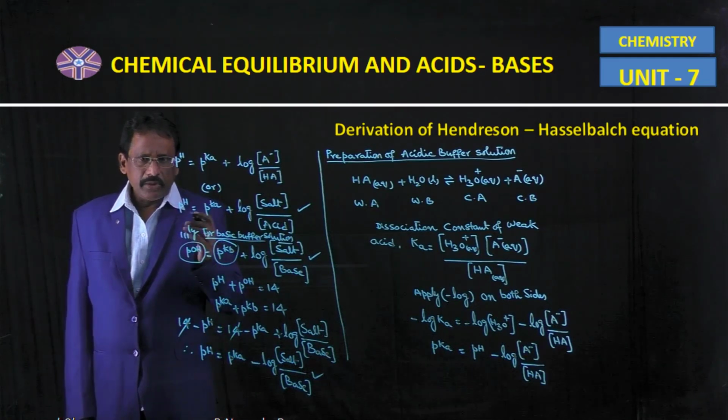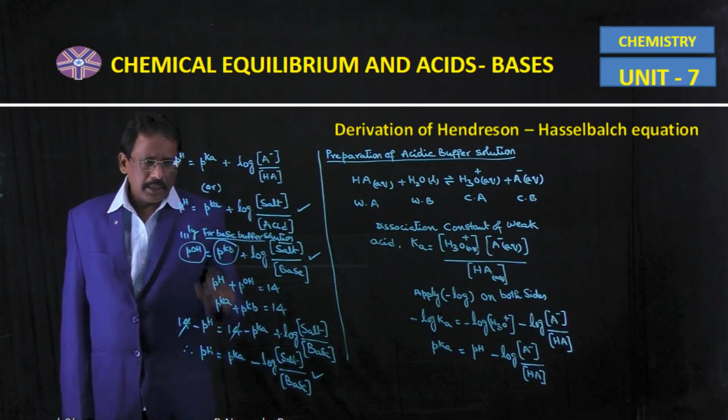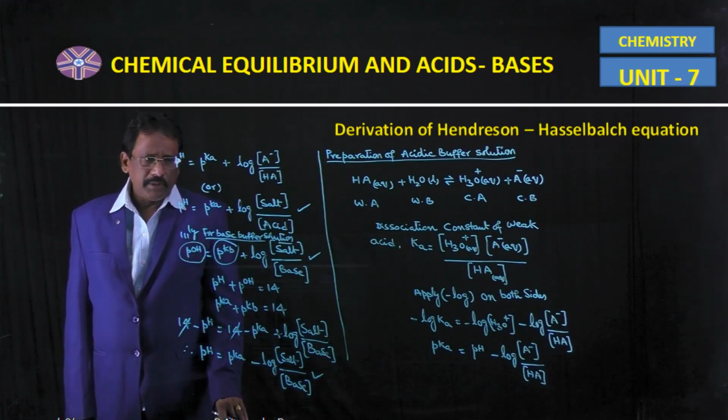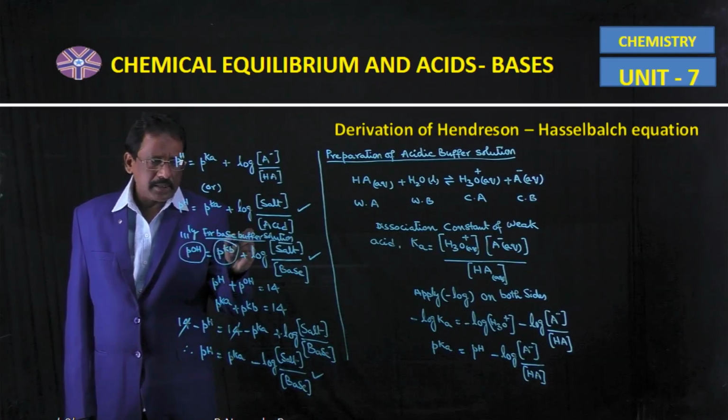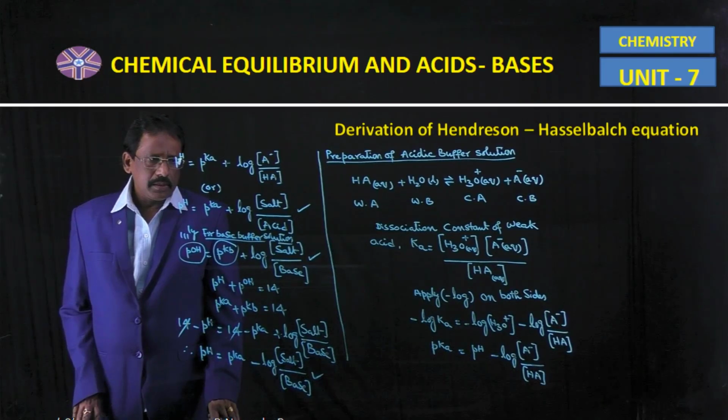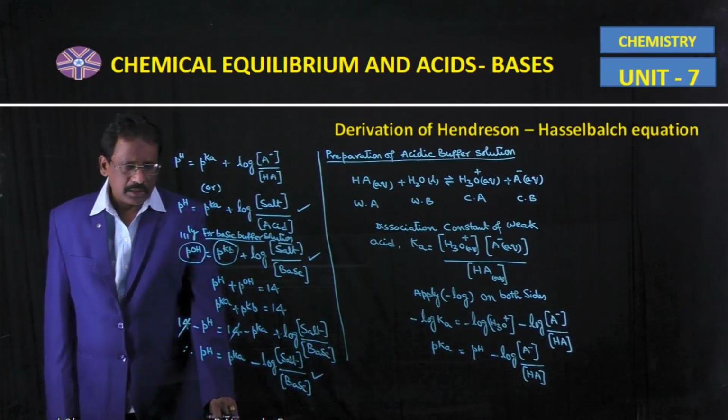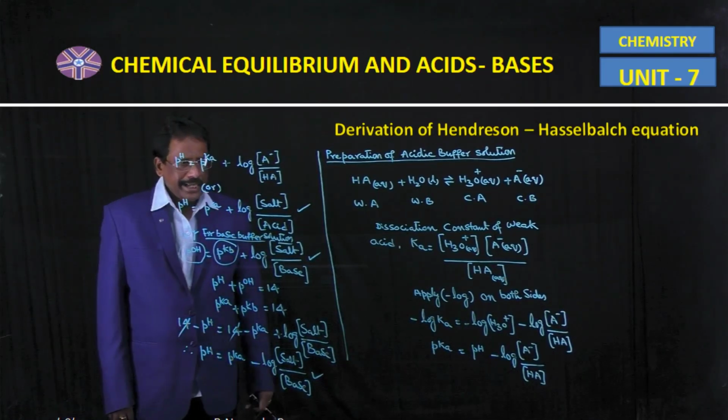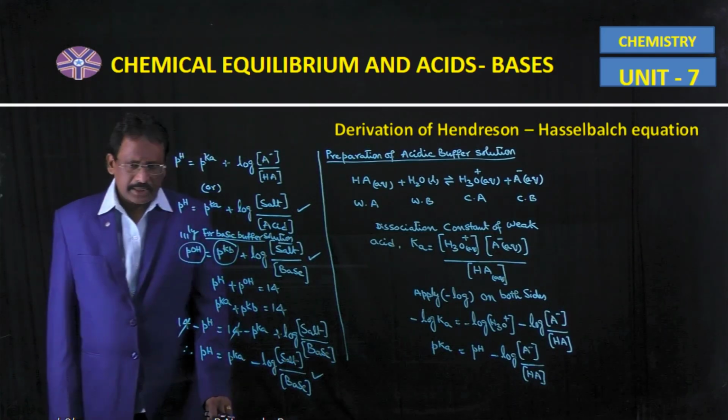According to Henderson-Hasselbalch, the pOH value of the basic buffer solution is pKb plus log of the active mass of the salt divided by the active mass of the base.